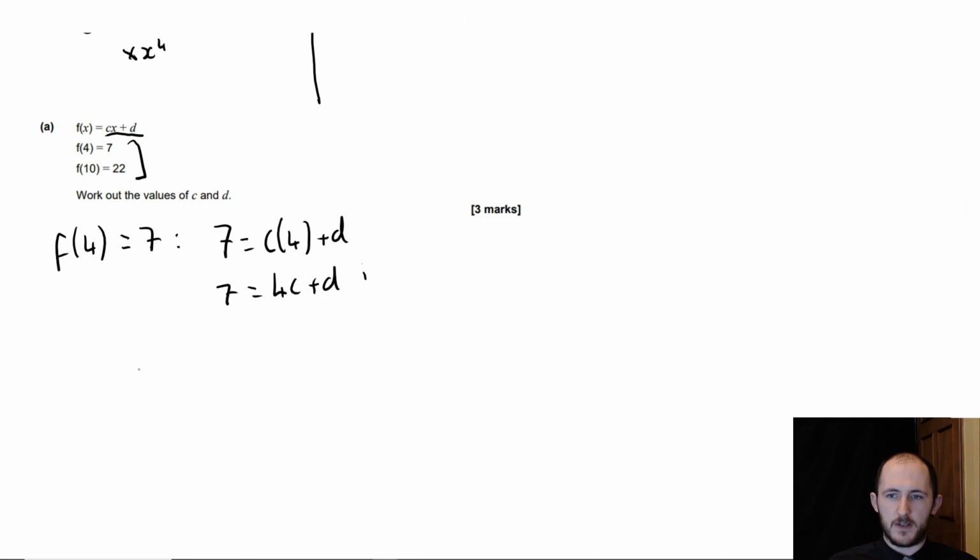That's my first equation. The next piece of information they give me is that f of 10 is 22. So the way I write that is 22 equals c times 10 plus d. So in other words, 22 equals 10c plus d. That's my second equation.